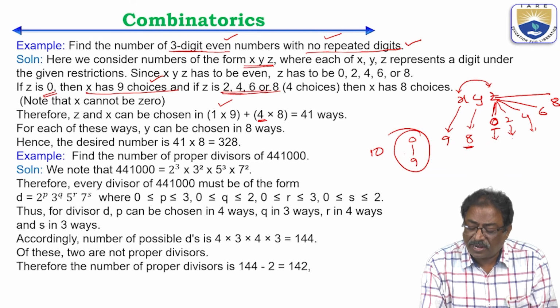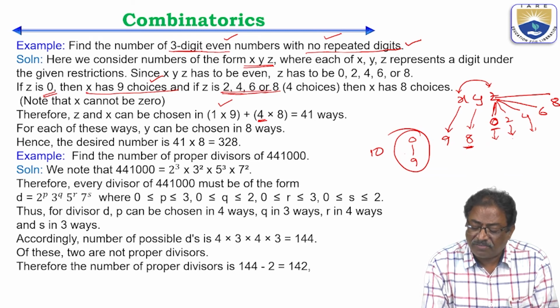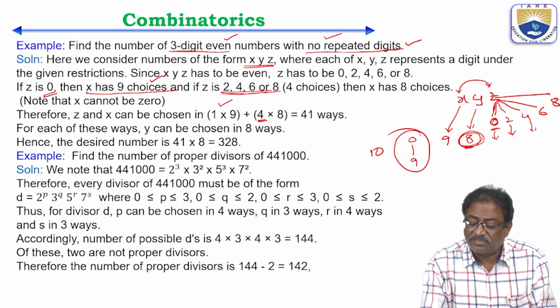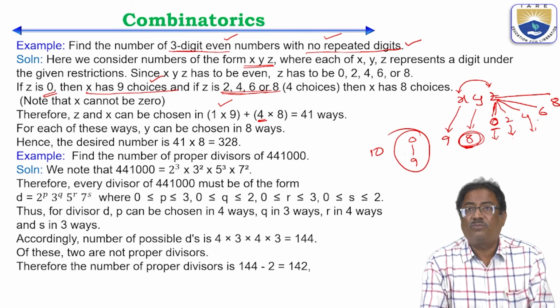Similarly, if I am going to select 2, then x has 9 choices, and y always has 8 choices, because z and x are already used.